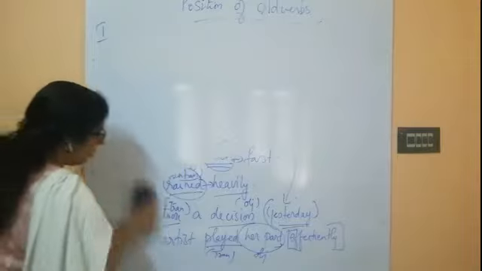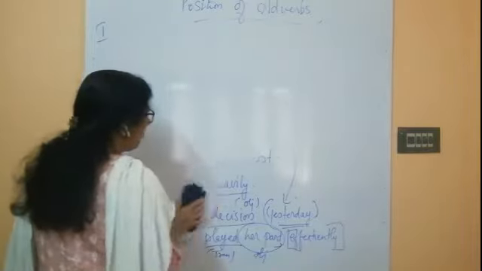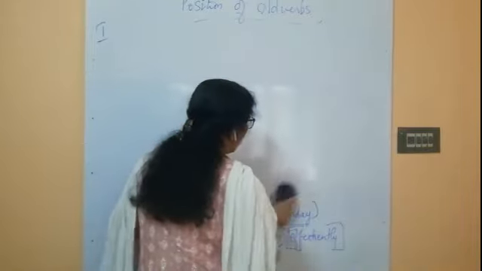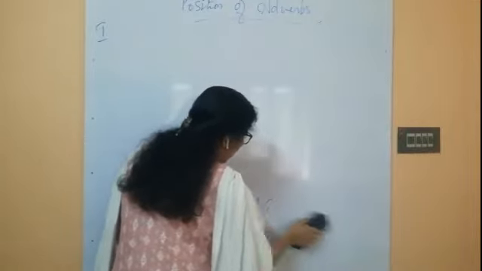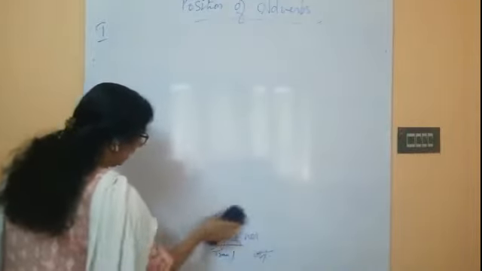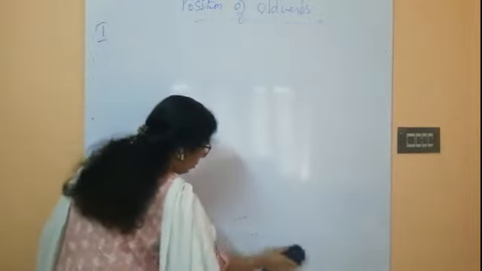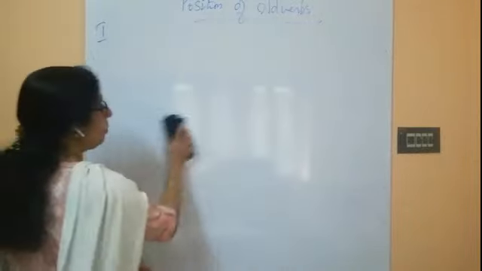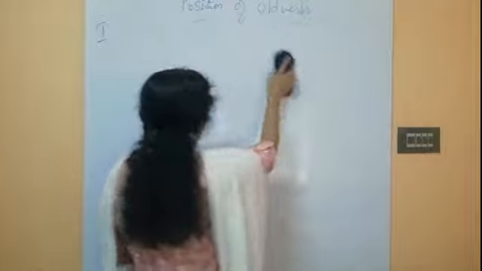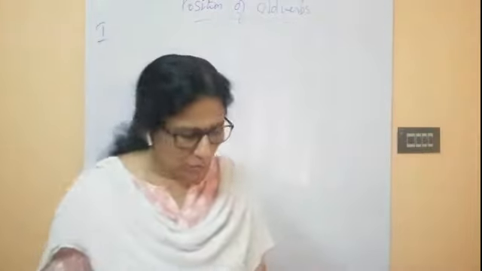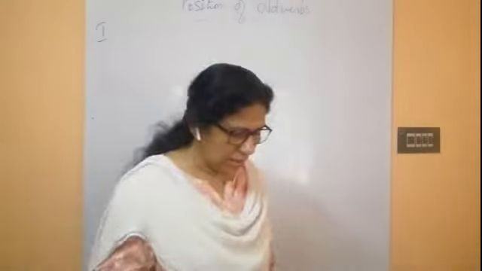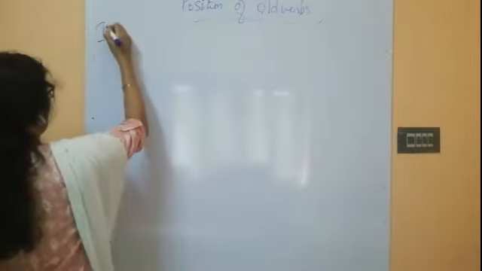So the second rule is, if you want to give more emphasis, you have to use the adverb of time in the beginning. You want to give more emphasis or more importance, to stress the time when the action happened. So what you should do is place it in the beginning.